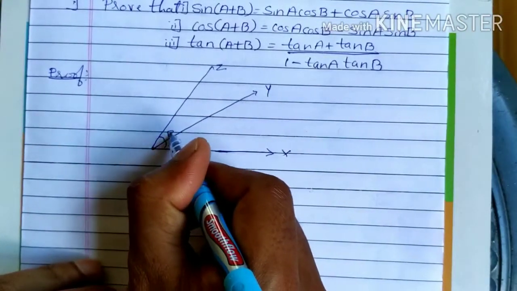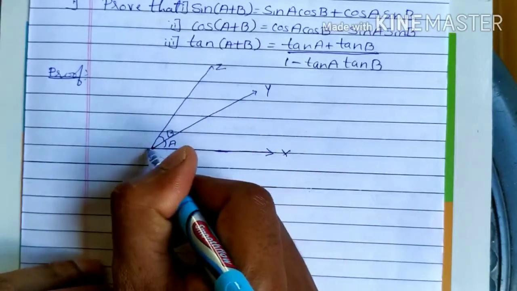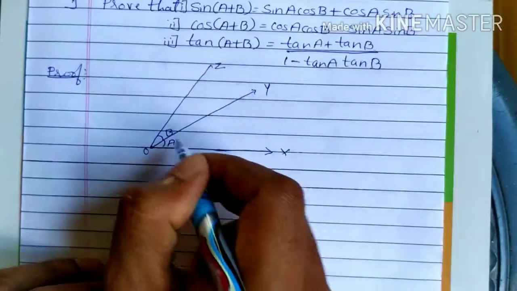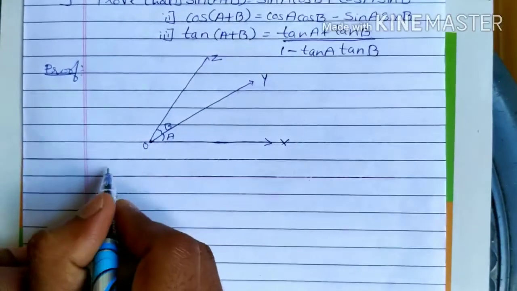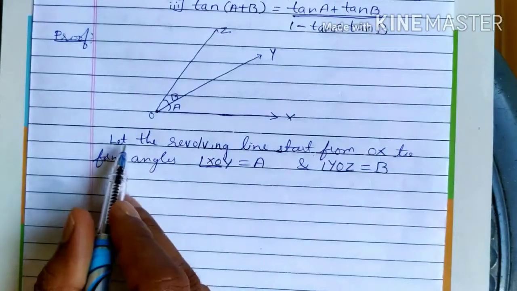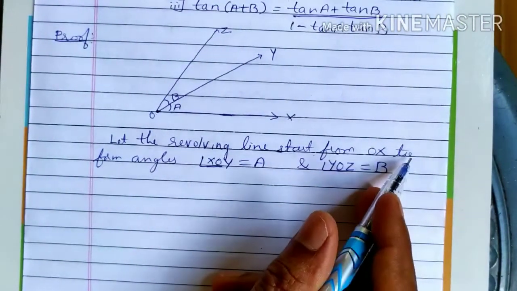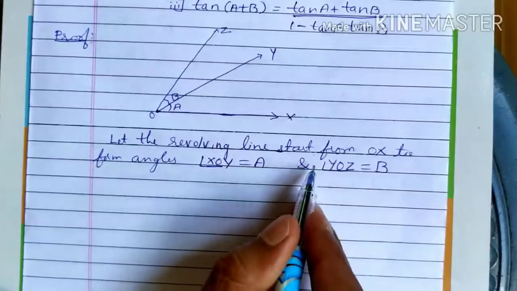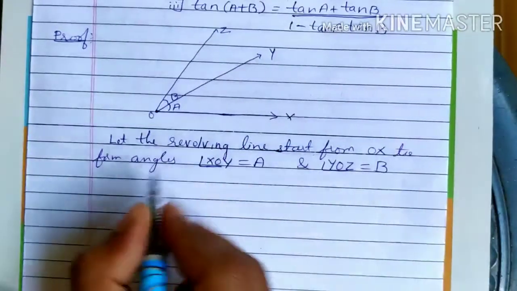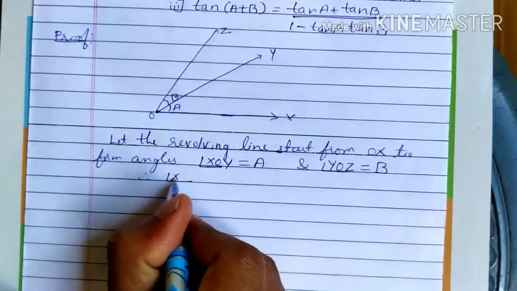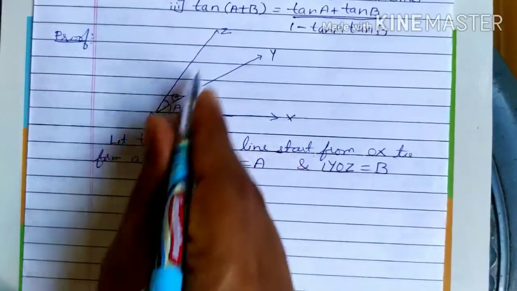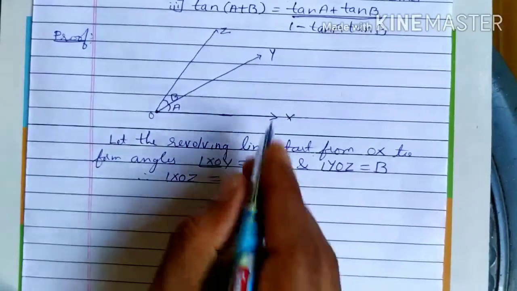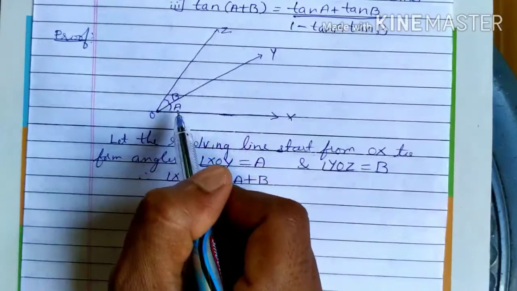Let me consider this angle YOZ as B, and XOY is A. So let the revolving line start from OX to form angles XOY equal to A and YOZ equal to B. Therefore angle XOZ is nothing but the sum of these two, A plus B.